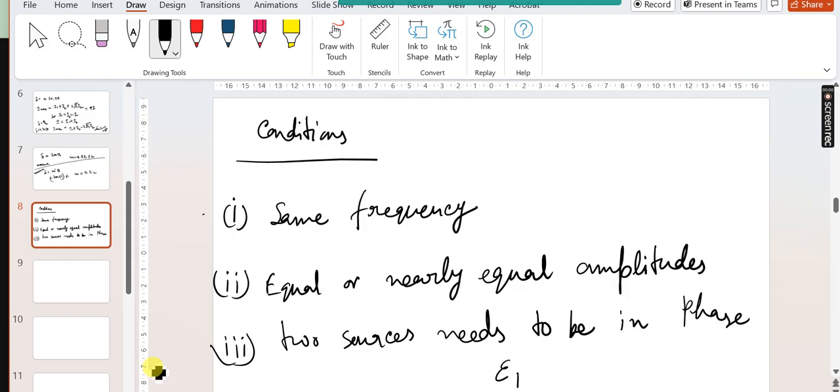So basically epsilon 1 minus epsilon 2 needs to be constant.